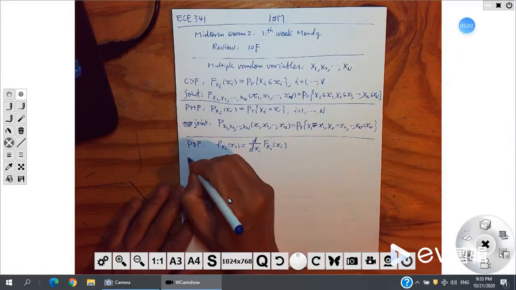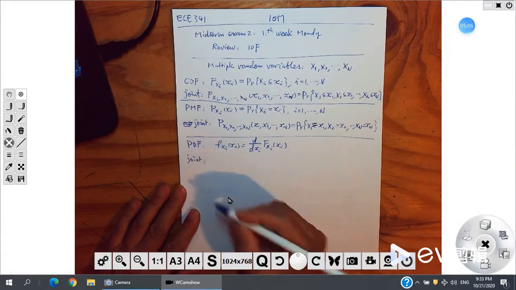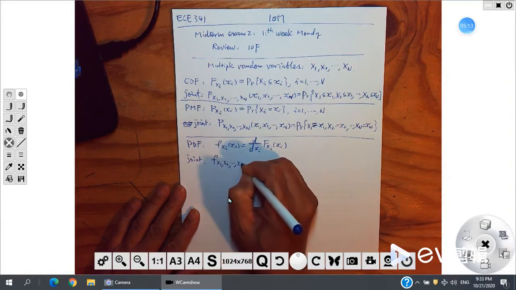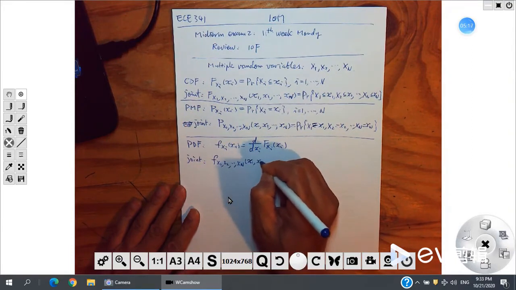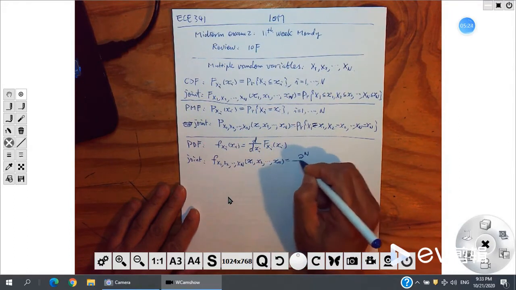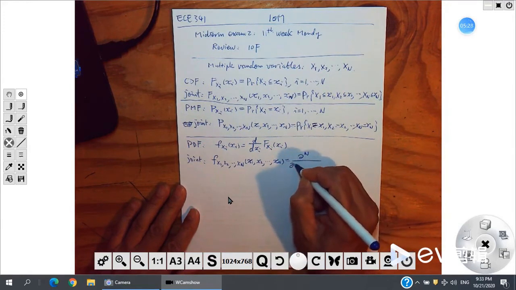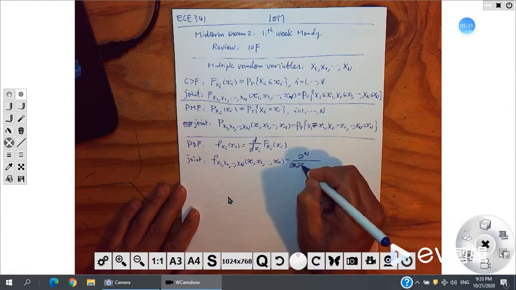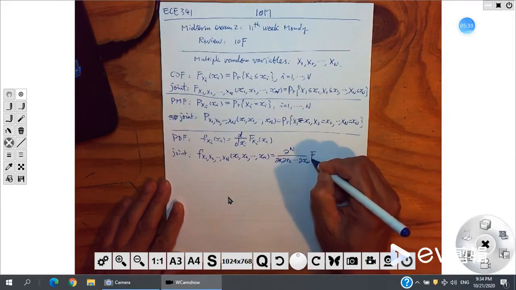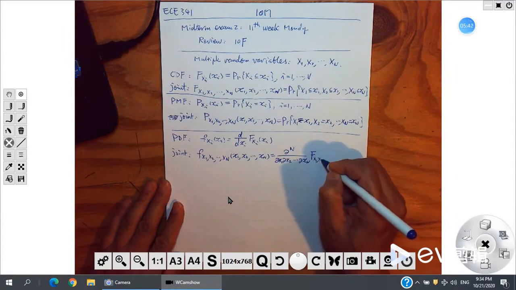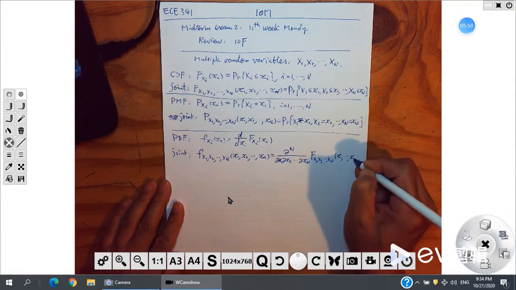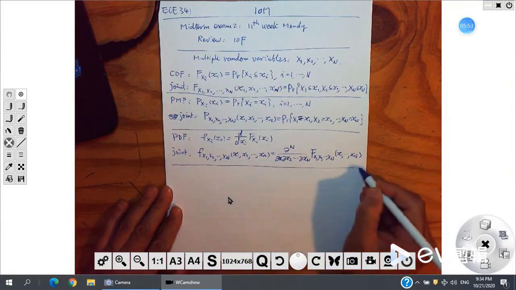And for the joint one, that means the density function of all of those variables, x1, x2 until xn, we take the partial derivative, partial x1, partial x2 until partial xn, of the joint CDF for all these x1 to xn. Okay, so this is a PDF.